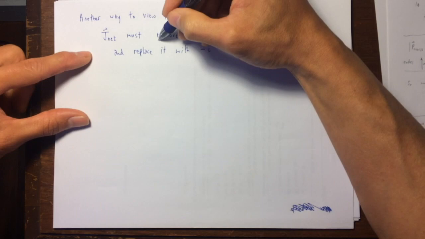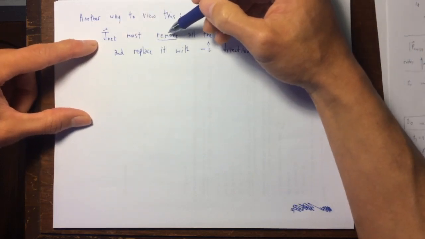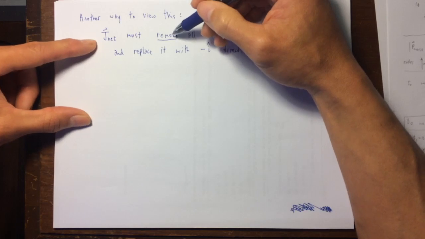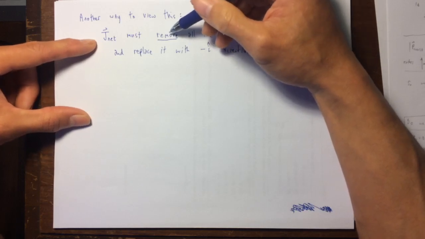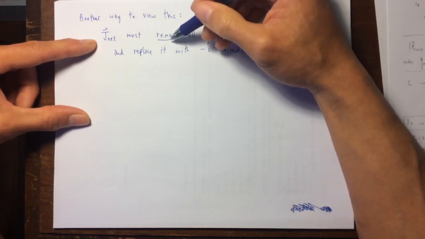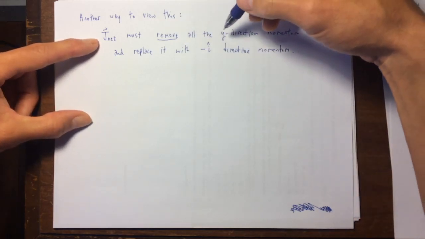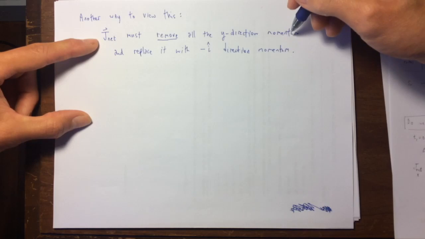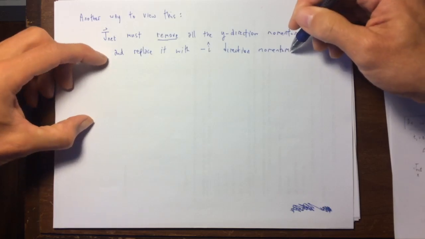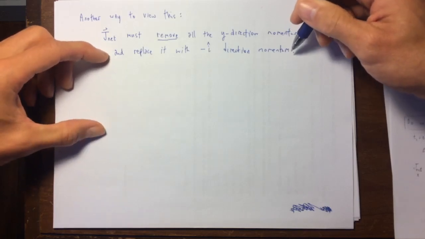So you could think of J net as the thing that fixes the earlier vector, or the earlier momentum, the initial momentum. It fixes it into the new momentum. And it does so by removing everything that's wrong and adding back in everything that's correct.